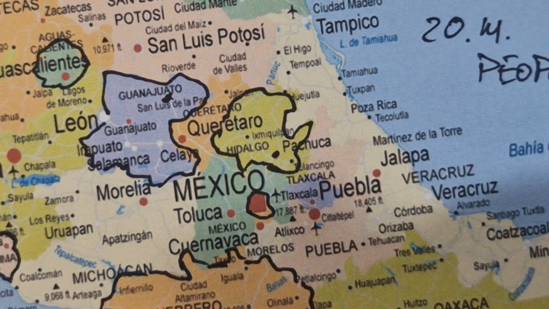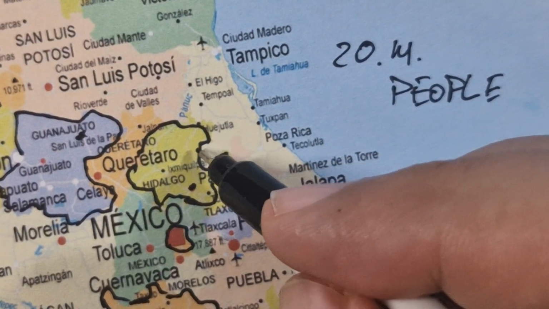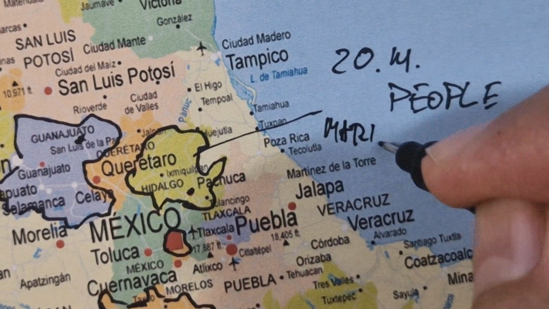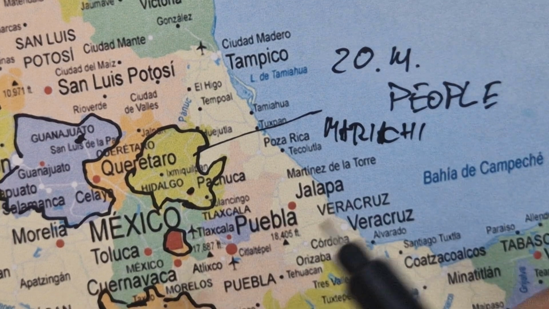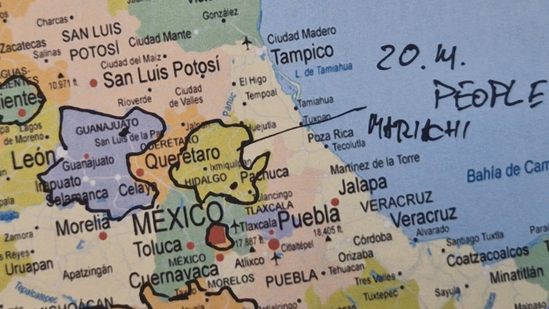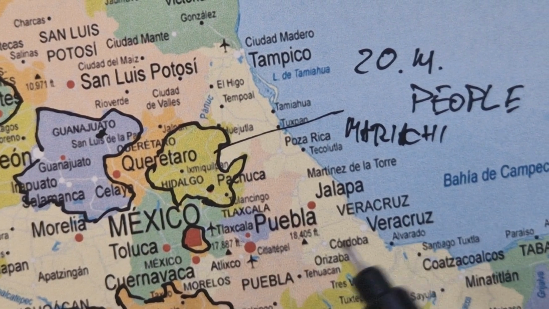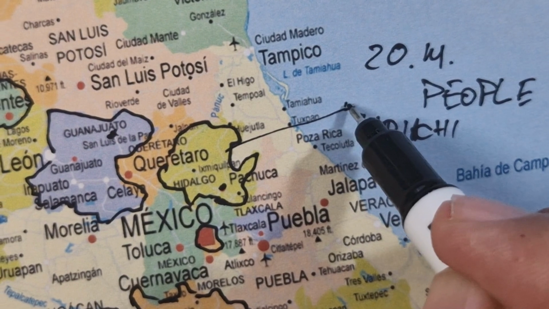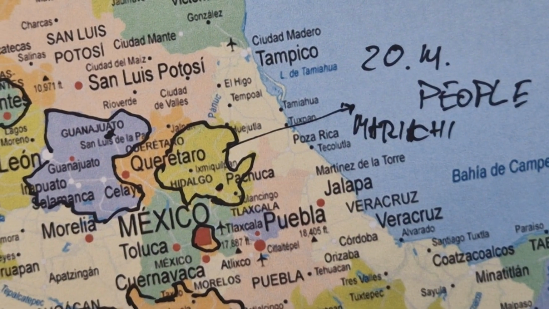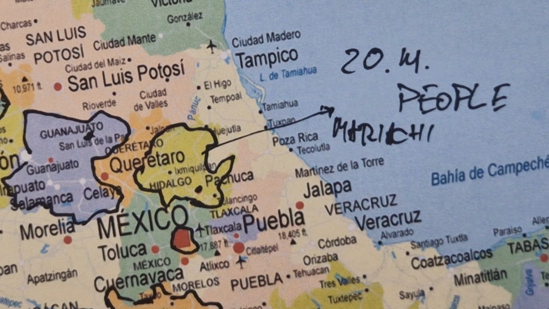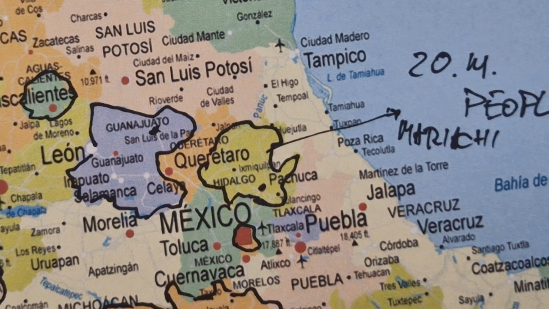So we have here, I'm gonna draw the line, the famous mariachi tradition. Each September brings the International Mariachi Encounter, which draws bands and their fans from all over the world. Cool fact.